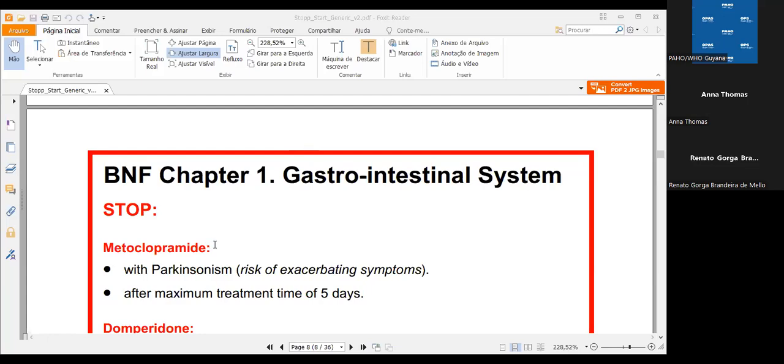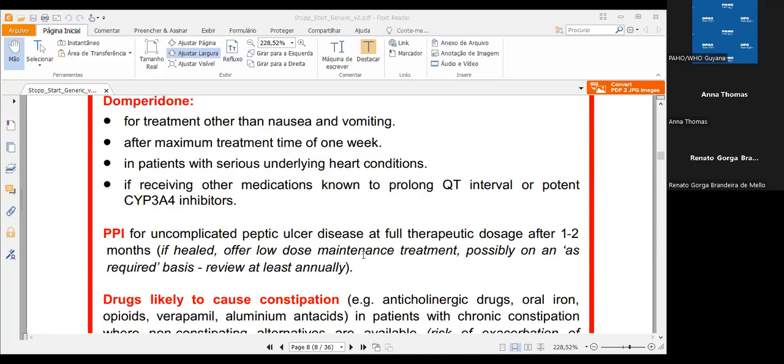Metoclopramide. Do not prescribe metoclopramide in patients with Parkinsonism or Parkinson's disease because metoclopramide imposes risk of exacerbating symptoms. Do not prescribe metoclopramide after maximum treatment time of 5 days.